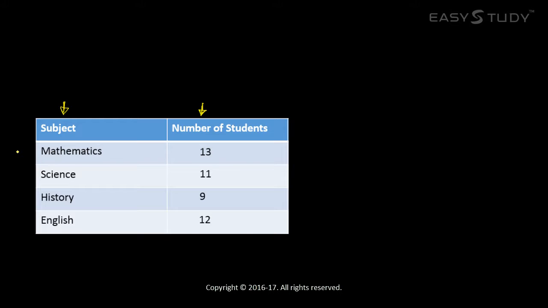So, the most favorite subject in the classroom is mathematics and the least favorite subject is history. There are also a fair number of students who liked English as well.